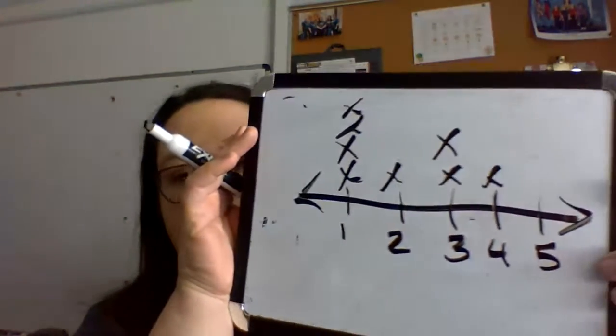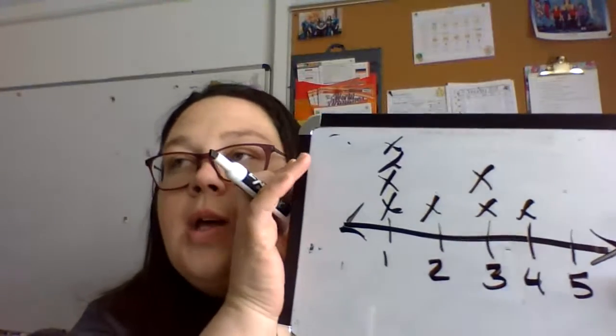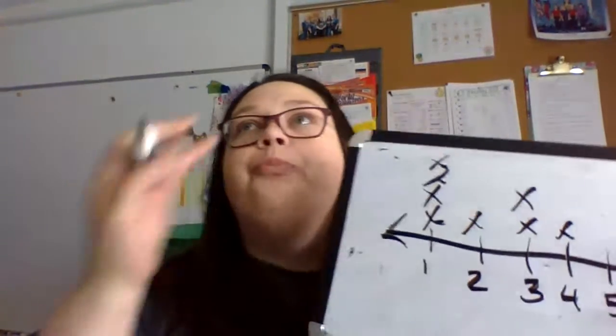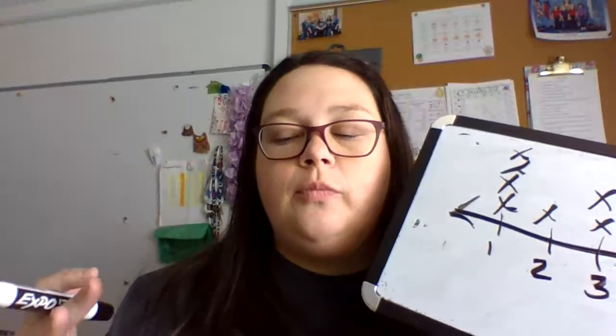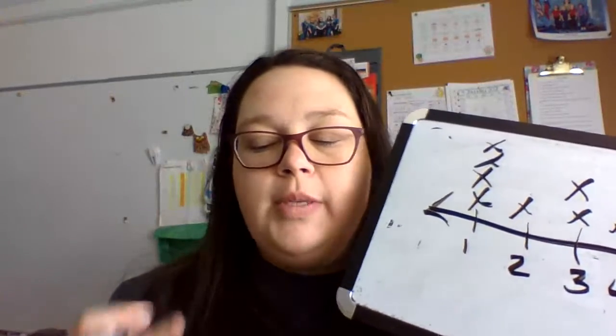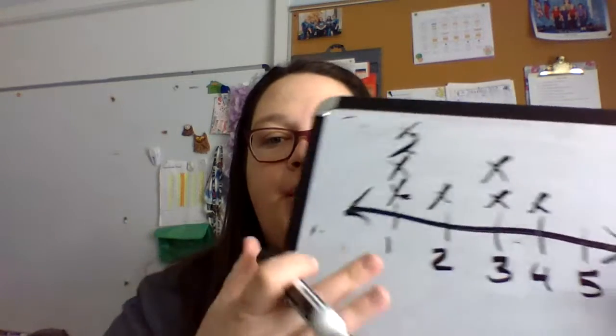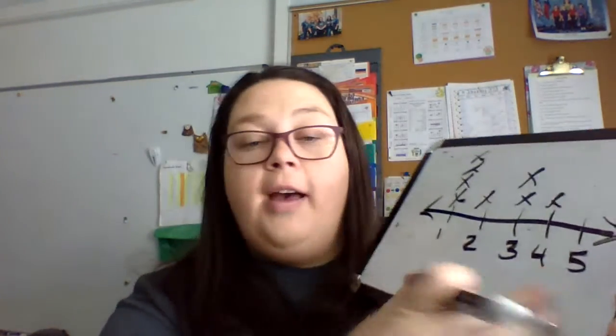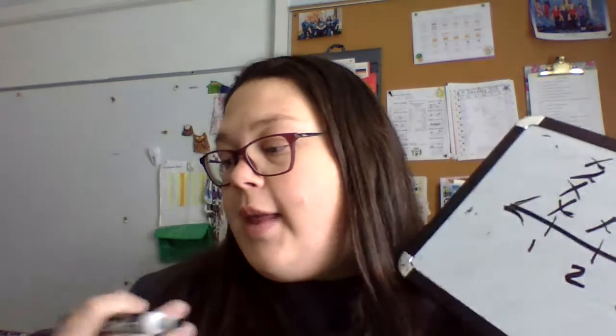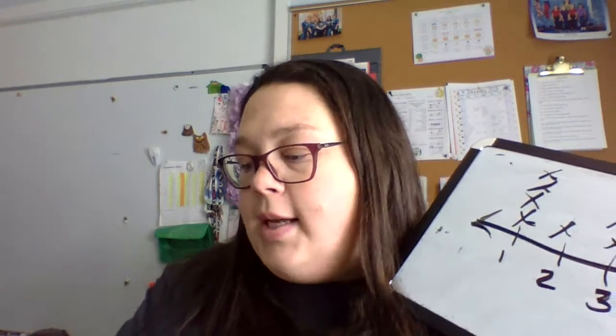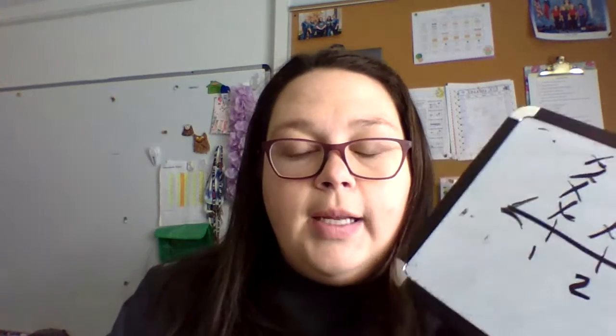Let me rephrase the question. What was the most picked out? That would be 1. The next most would be 3. The least would actually be 5 because nobody picked out 5. So that is your line plot. Line plots are really good for data and understanding.